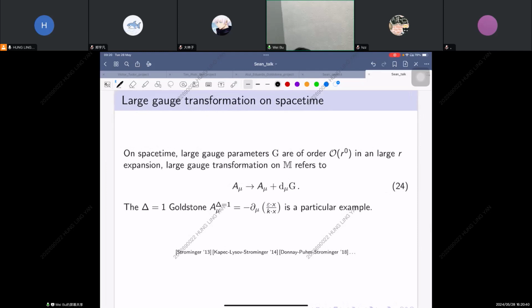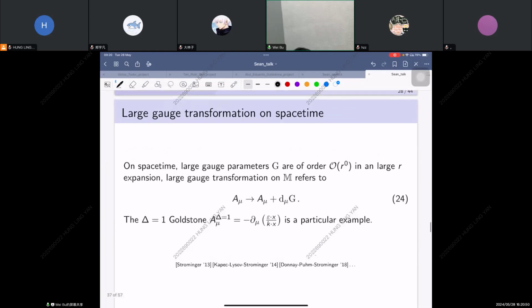Anyway, the steps are as follows. Let me tell you what a space-time large gauge transformation is. So for a large gauge parameter G, you can do an asymptotic expansion of the Yang-Mills curvature F mu nu in orders of R. It will look like order 1 over R plus order R^0 plus higher orders, which are blowing up at infinity.